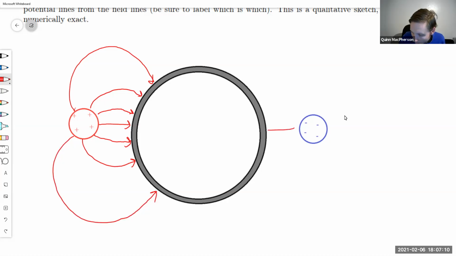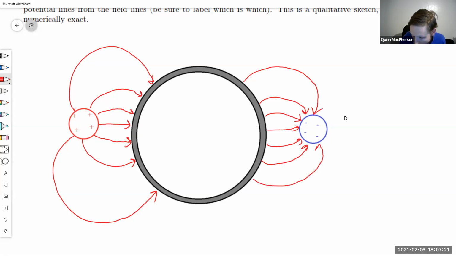And then they would pop off over here. We see them coming into the negative, out of the positive.